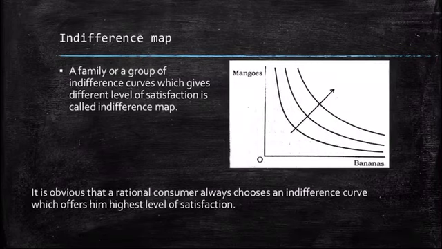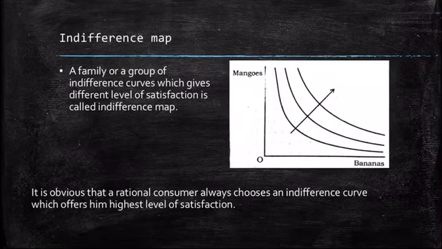So if we represent all the consumer's preferences over all the bundles through an indifference map, we can represent these different preferences of the consumer in a single diagram. When we do that, we call it an indifference map.